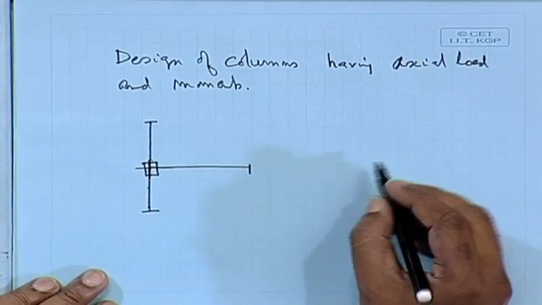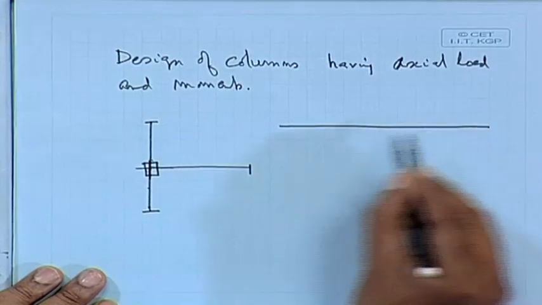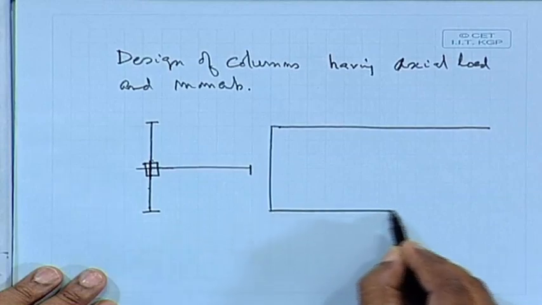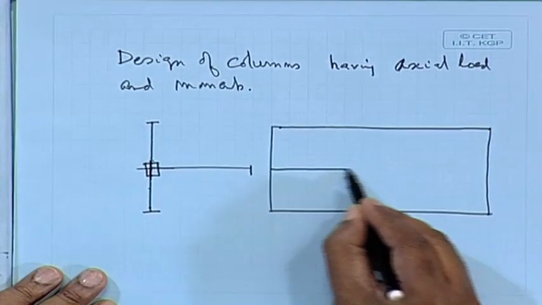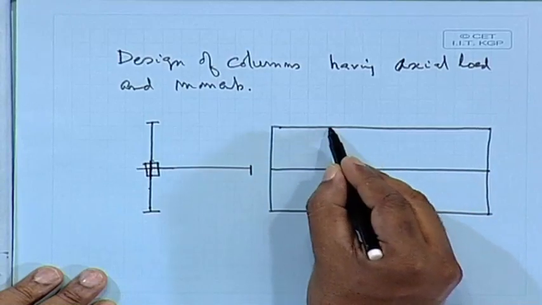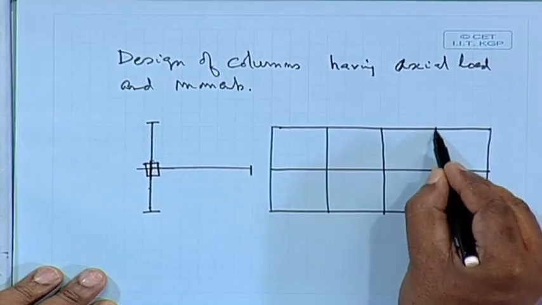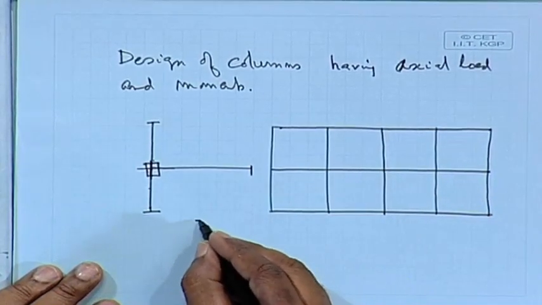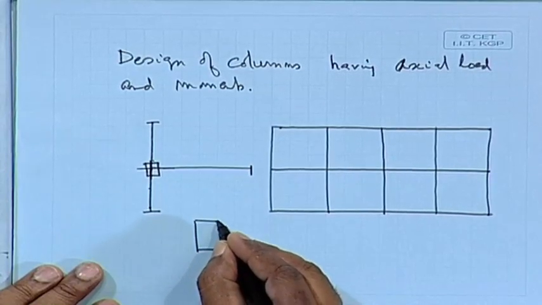In this context, I think I can tell you that if there is a frame, I am drawing a plan here. If the columns are rectangular, this is your column.